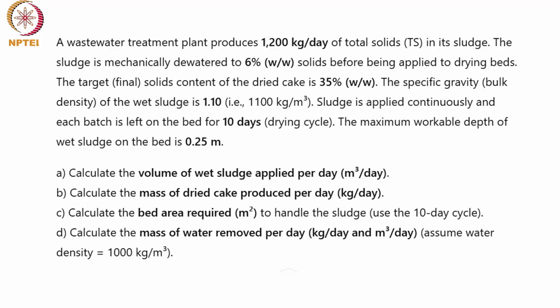Calculate the volume of wet sludge applied per day. That is the first one you have to find. Then you have to calculate the mass of dried cake produced per day.